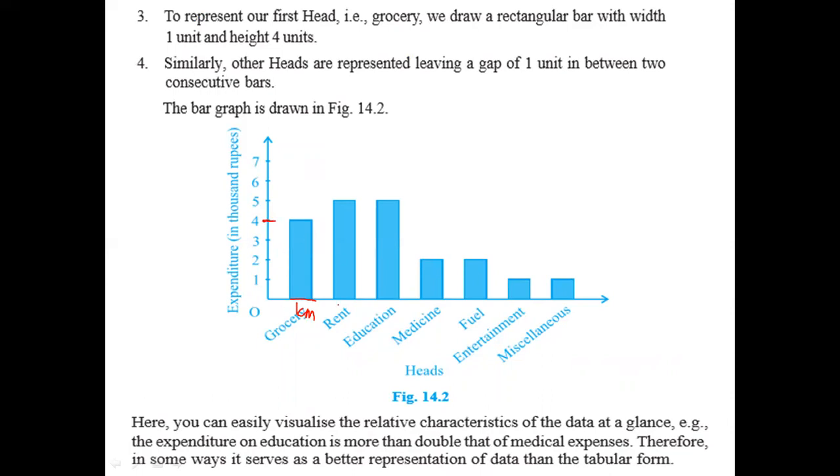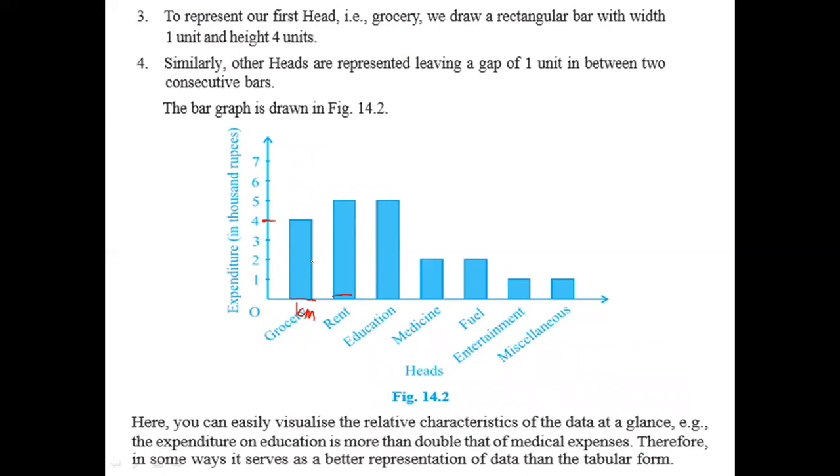Then the same way you proceed for rent, here it will be 1 centimeter, and here you have to put 5 centimeters. Then education, again 1 centimeter, here this is the width, and 5 centimeters.